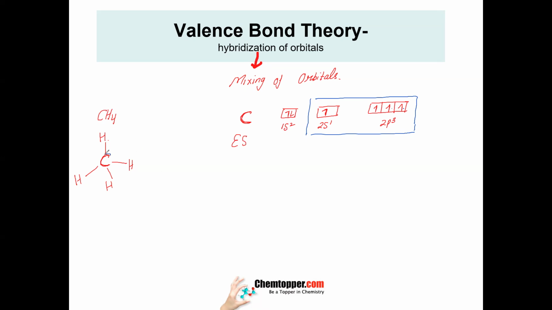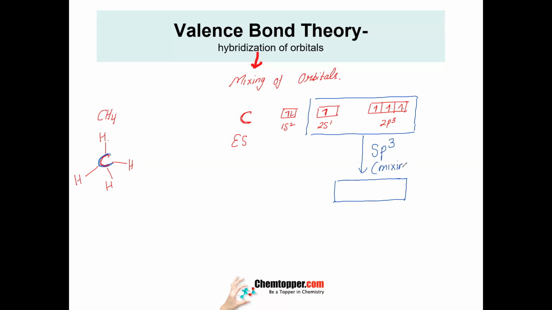How many do you need for making these bonds? 4. Mix them. You are mixing 1 s with 3 p orbitals. After mixing, you will be getting sp3 hybridization. And these 4 orbitals will now be exactly the same in size and energy after mixing.